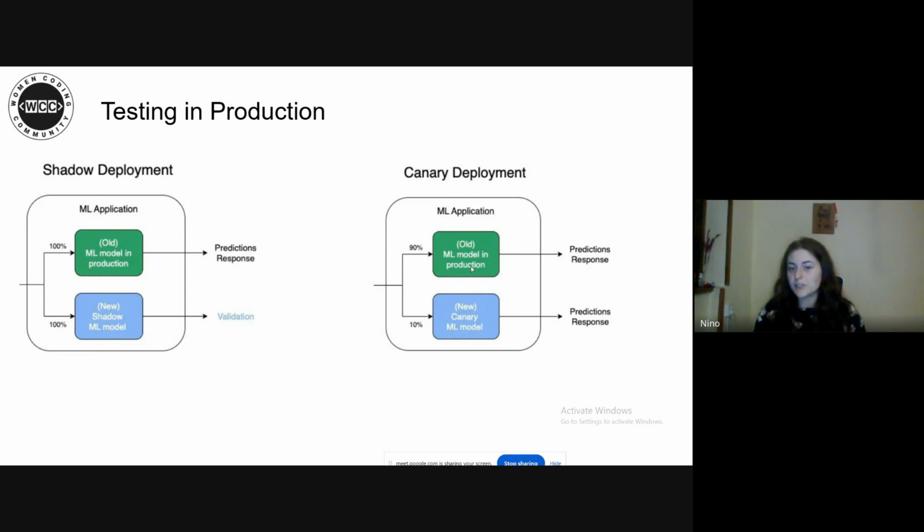You really use the new model on real users, but only on a certain percentage of users. And after you evaluate and validate and you see that prediction responses are fine and exactly what you were looking for, then you increase this 10% and you will finally go to 100%, so full deployment using the new model.